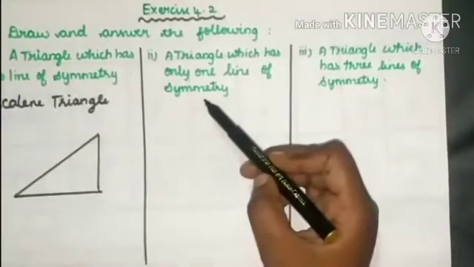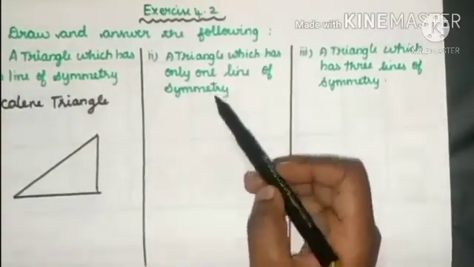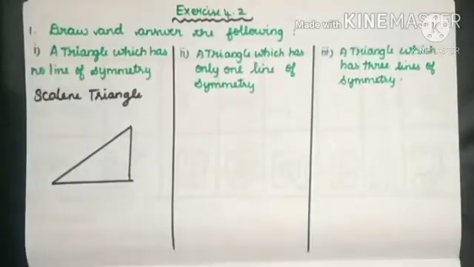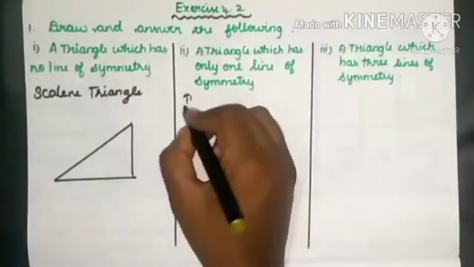And then we have to find a triangle which has only one line of symmetry. Here we have to find a triangle with only one line of symmetry. Students, try it for an isosceles triangle.